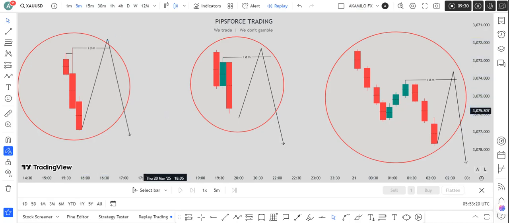I've discussed some of them in my earlier videos, so you can go and watch them. The breaker block is an institutional reference point, and I'll be doing more videos on all seven of these, which you can leverage to take more profitable positions that will help improve your trading journey, right?